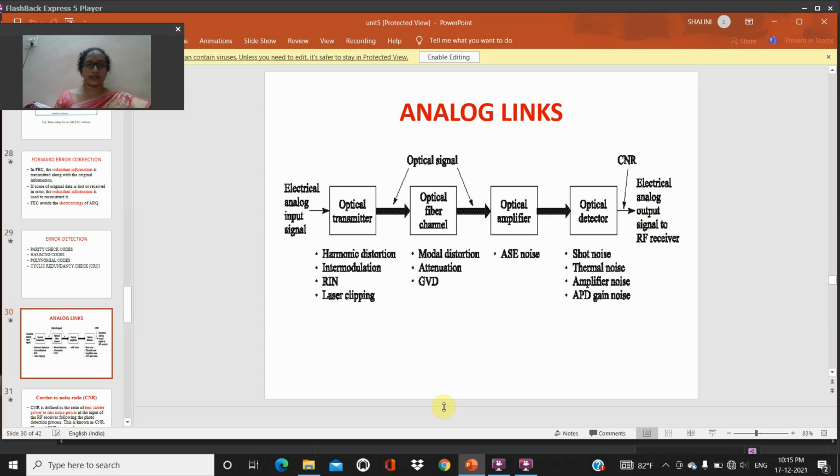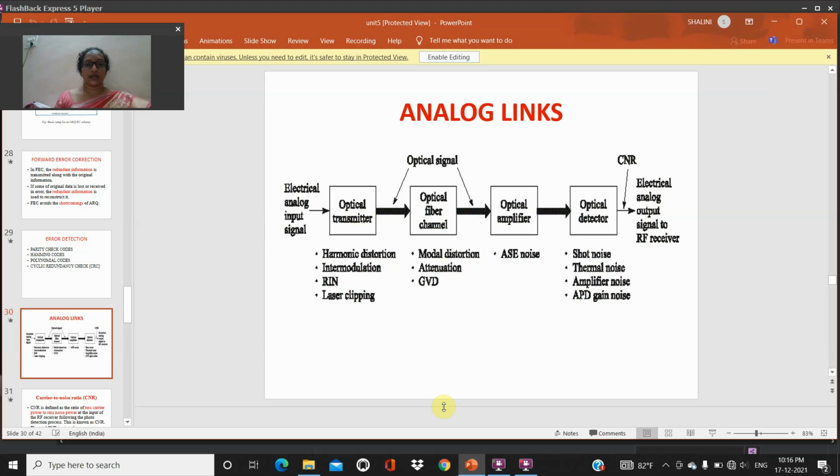Next, analog links. So, what are the analog links we use? The electrical analog input signal is given to the optical transmitter. The optical transmitter feeds the optical fiber channel, which feeds the optical amplifier, and the optical amplifier is connected to the optical detector, which is connected to the CNR.